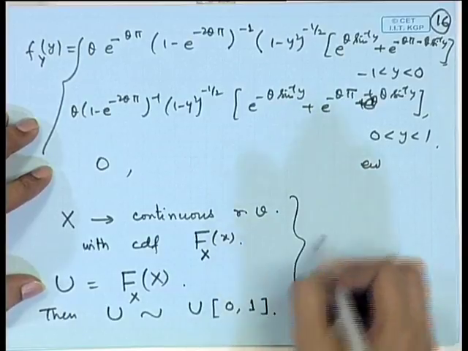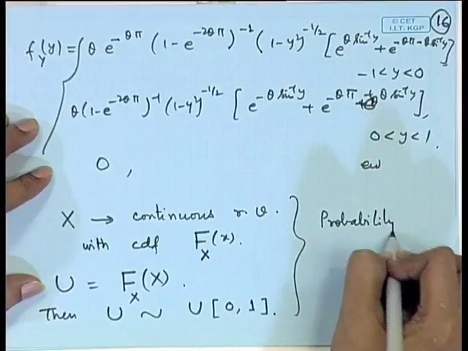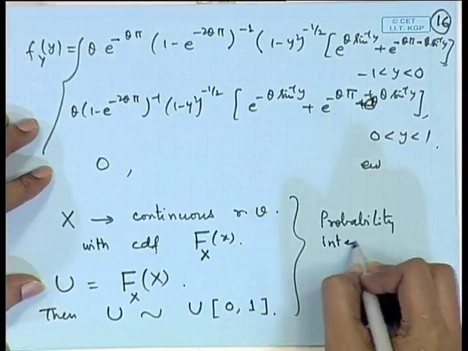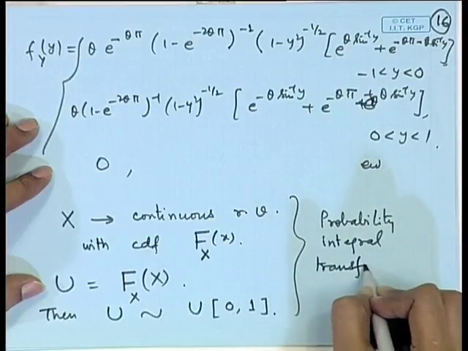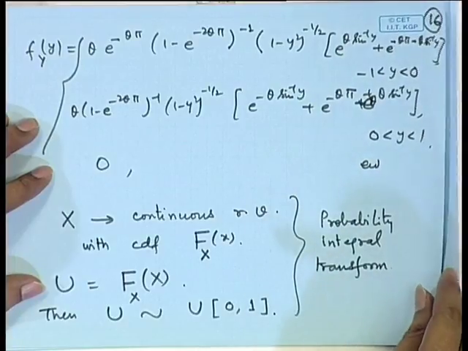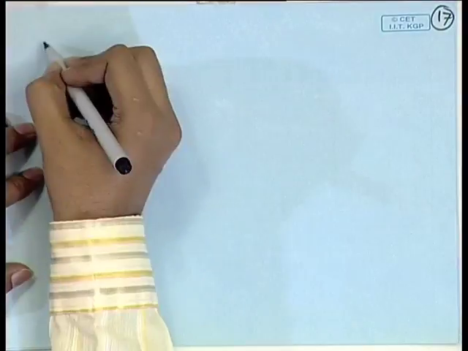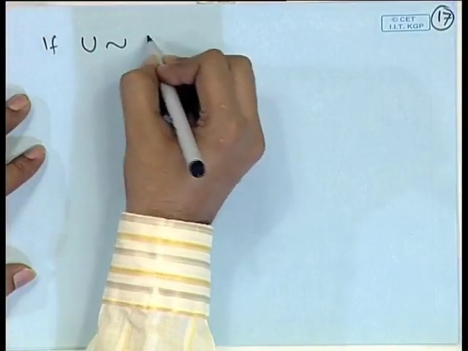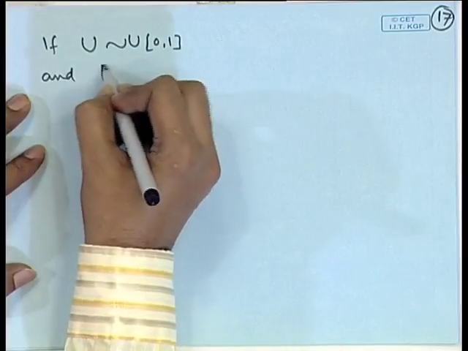So, this is known as the probability integral transform.